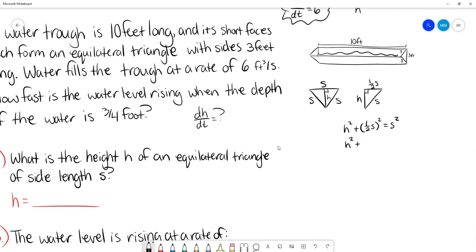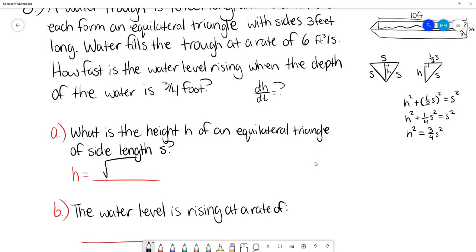H squared plus 1/4 S squared equals S squared, and I want it in terms of S. So I'm going to subtract 1/4 S squared from each side, which is going to get me 3/4 S squared. And then if I want H, of course we take the square root.